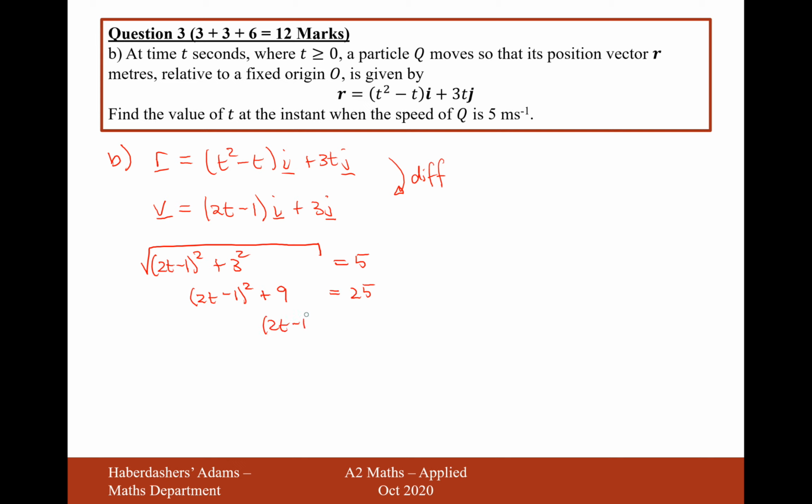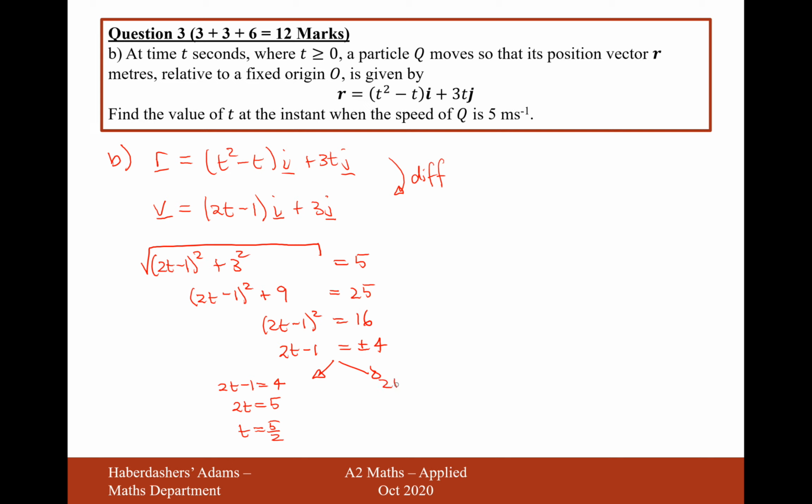We'll now subtract 9 onto the other side, so that will now be 16. We can now square root both sides, so it will now be 2t minus 1 equals plus or minus 4. Let's just separate it into two little equations now. 2t minus 1 equals 4. So we'll add 1 to both sides. That'll make it 5. So t equals 5 over 2.